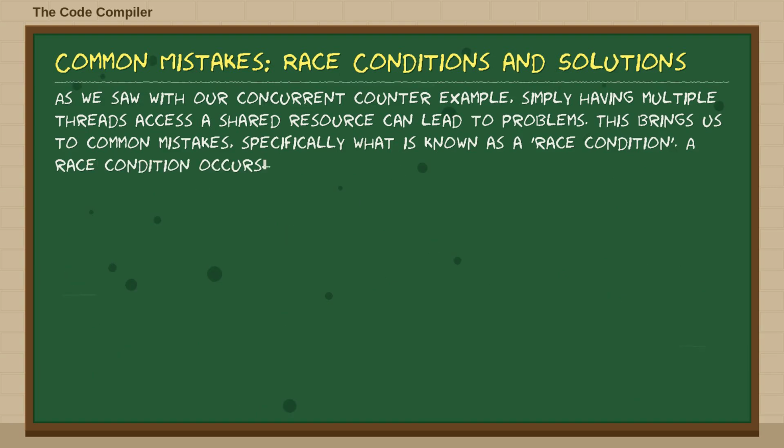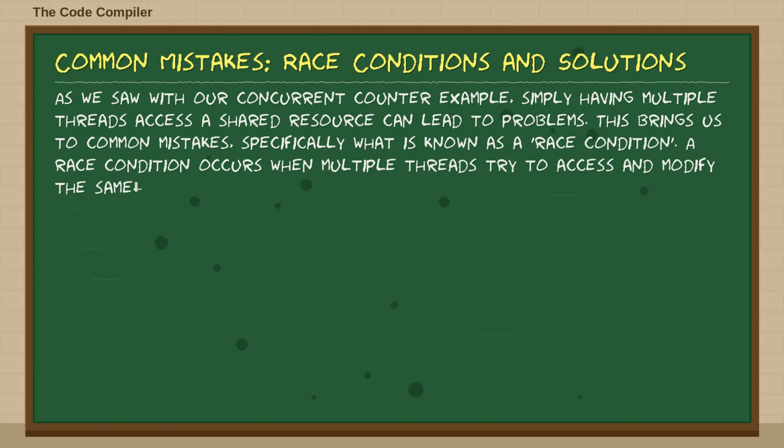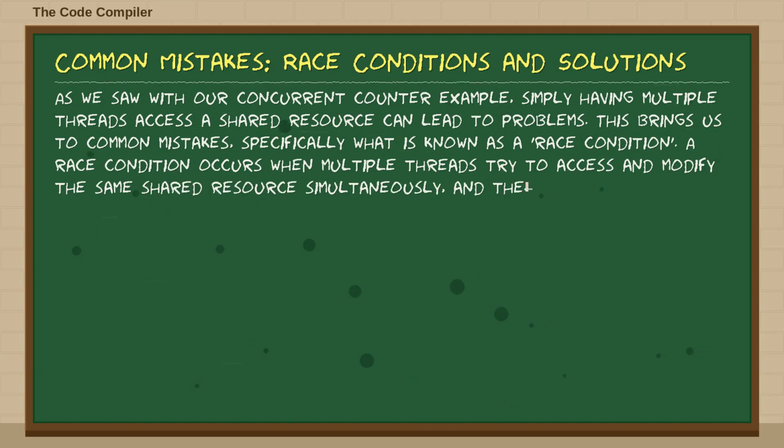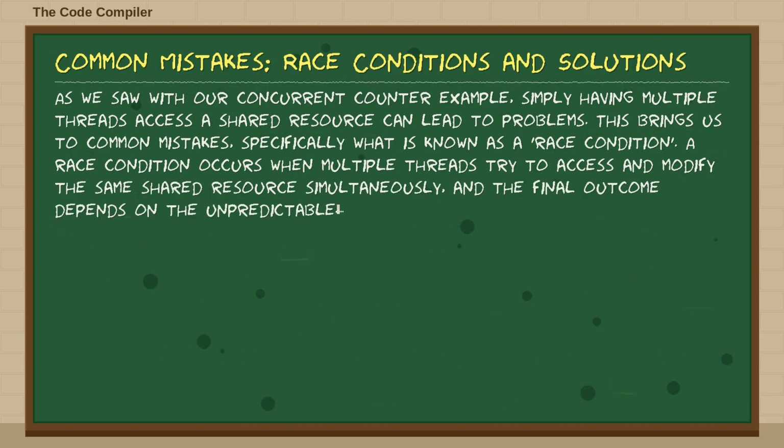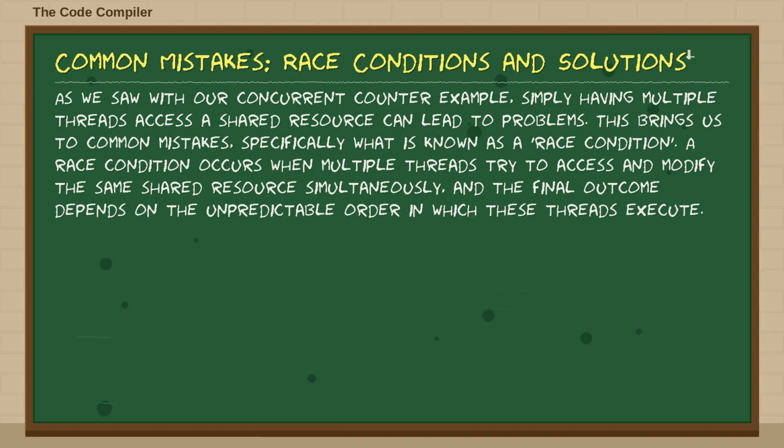A race condition occurs when multiple threads try to access and modify the same shared resource simultaneously, and the final outcome depends on the unpredictable order in which these threads execute. Our simple counter without protection would likely produce an incorrect final count because threads might read the old value, increment it, and write it back, overwriting another thread's update.